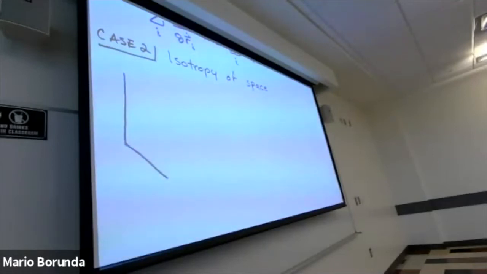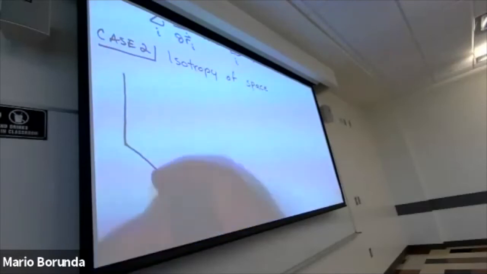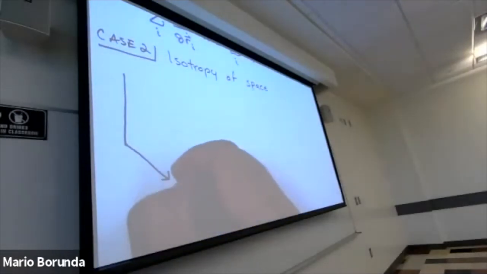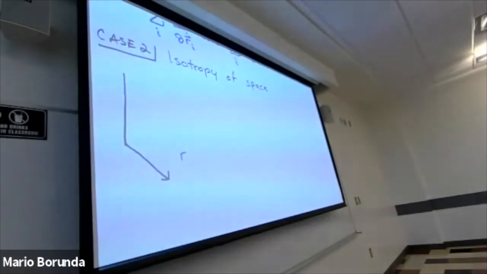How would you explain to somebody the isotropy of space? Is there a preferred direction in space, or is it the same everywhere?